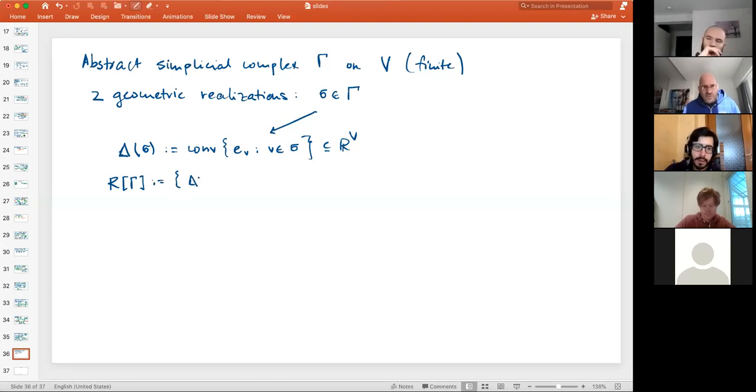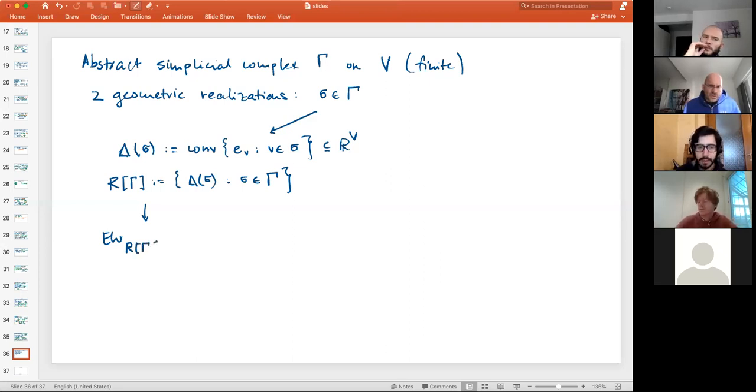It consists of all of these. Then this is a complex that I can put my hands on. For this thing I can compute an Ehrhart polynomial, right? Maybe I should say what this is.